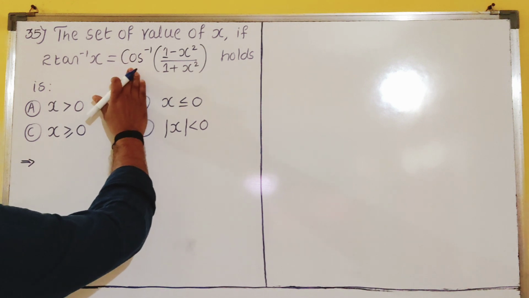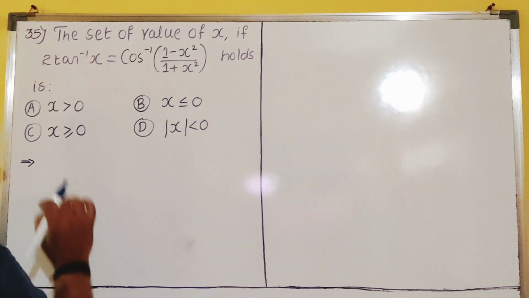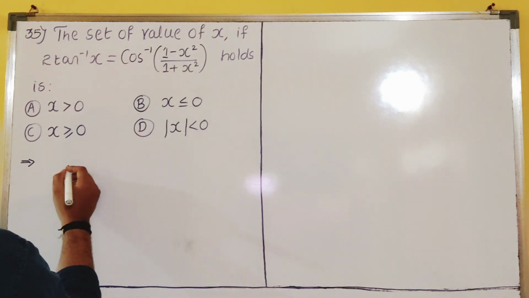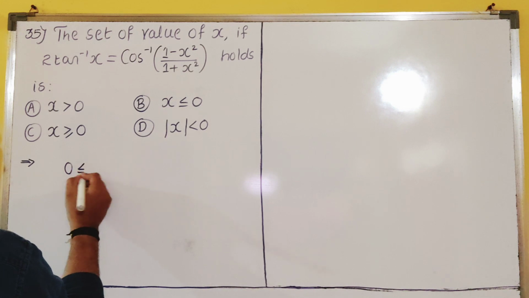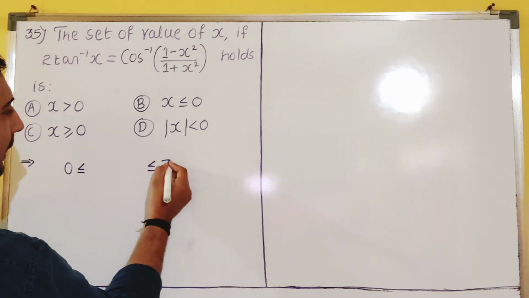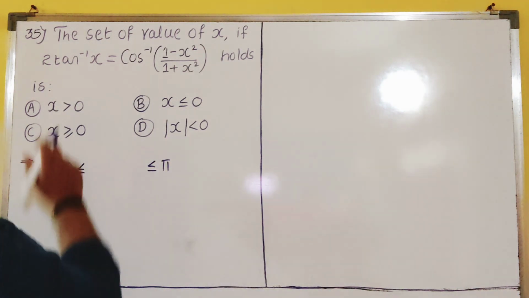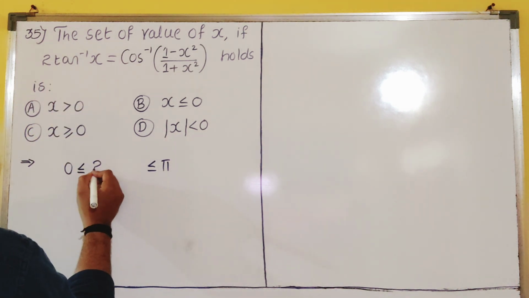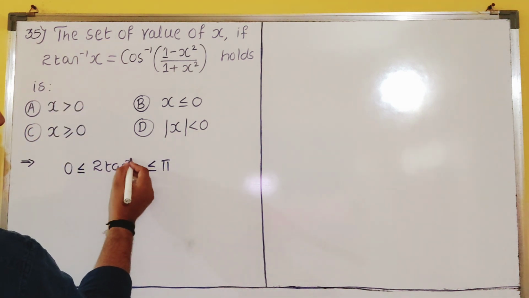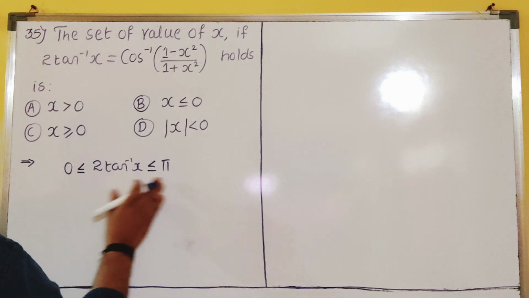Now see here, what is the cos inverse range, dear students? That is 0 to pi. So 2 tan inverse x, again I will keep it here. How to find the x value? Now divide by 2 again.